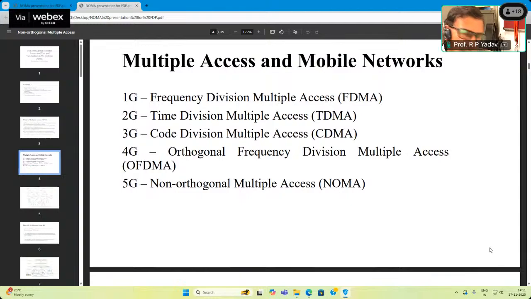Later on, the digital version also came in the US, and around the 1980s, some European countries, Norway, Sweden, and the companies working there, prepared the standards for digital telecommunication or mobile communication, which resulted in what is called GSM, Global System for Mobile Communication.